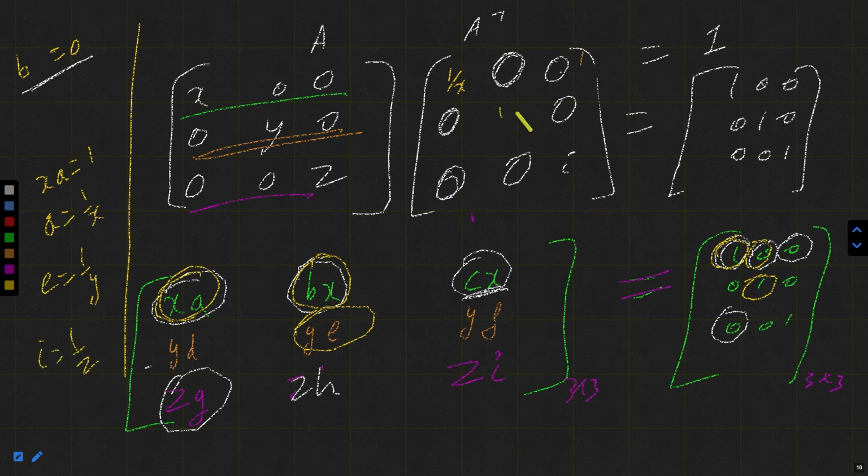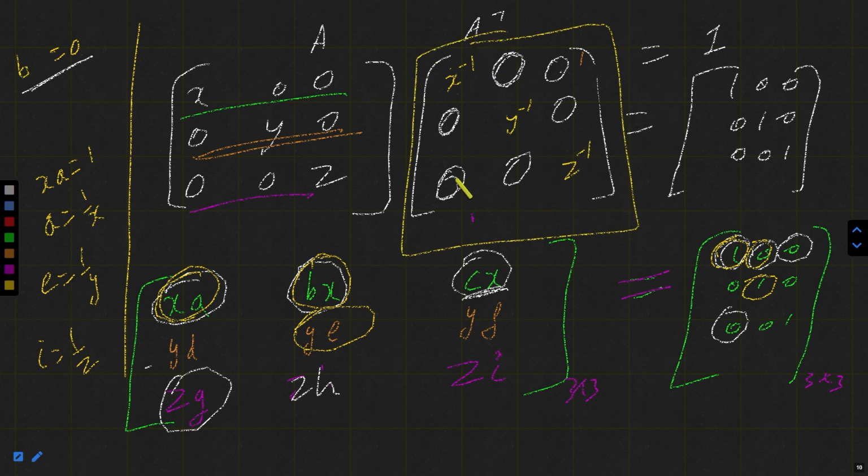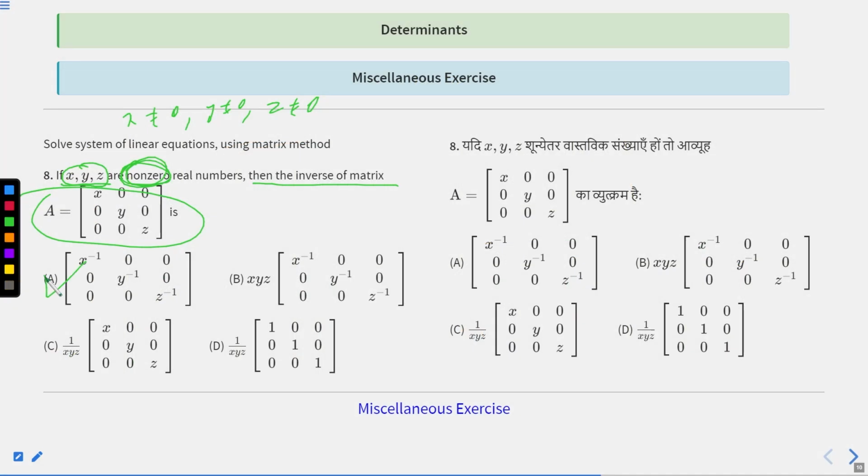In other words, this is just x inverse, y to the power minus 1, and z inverse. So your A inverse will be this. You have just evaluated A inverse by simple comparison and a simple matrix product. So option A will be your correct option.